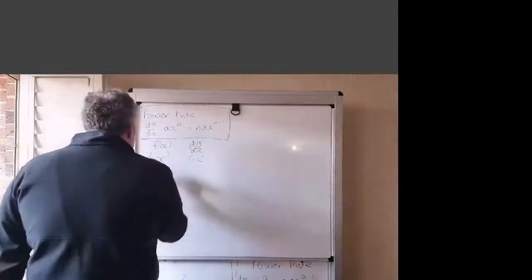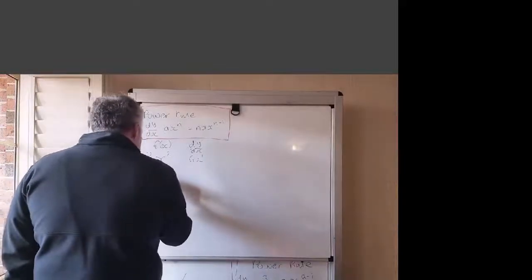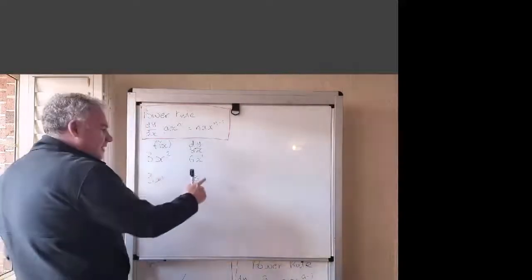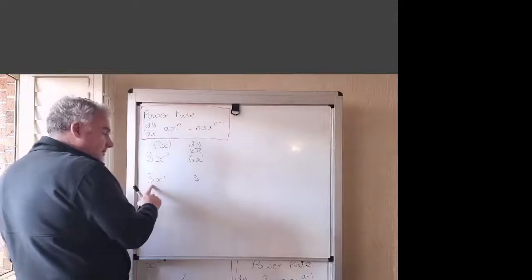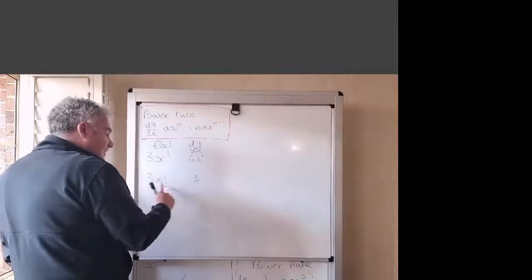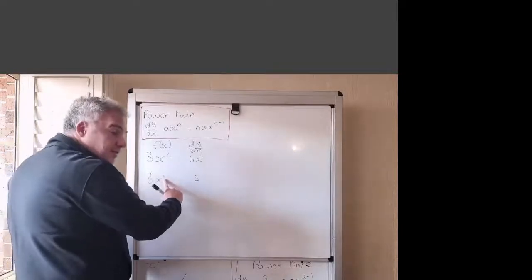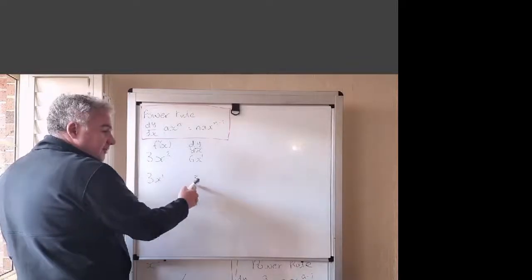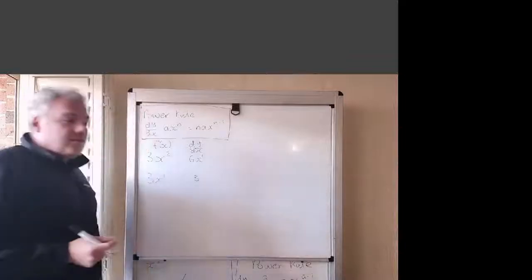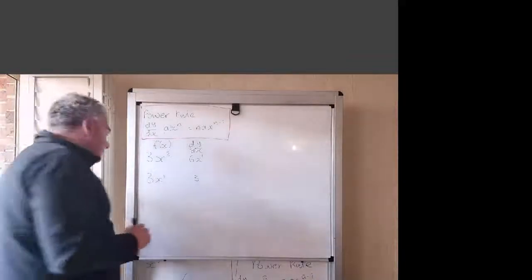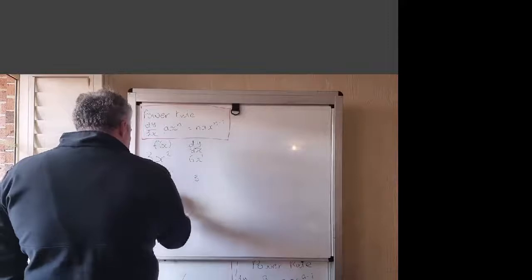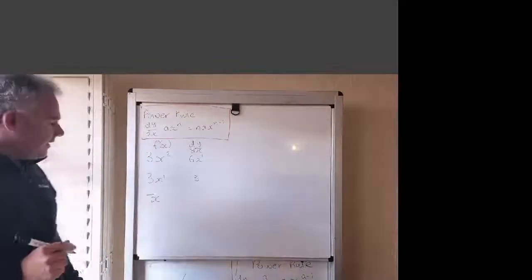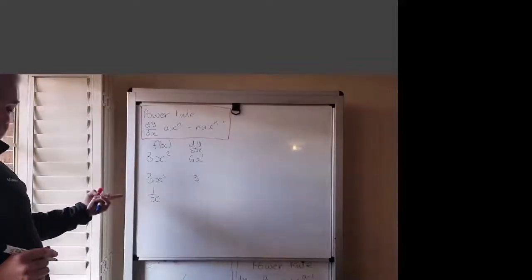Okay? If you have 3x, you're going to end up with 3, because there's an imaginary 1 here. 1 times 1, so 1 times 3 is 3. And then x to the 0, because 1 take 1 is 0, and you're left with just 3. Okay? There's some ones that people might find confusing. If you have 1 over x, he can be a bit confusing.